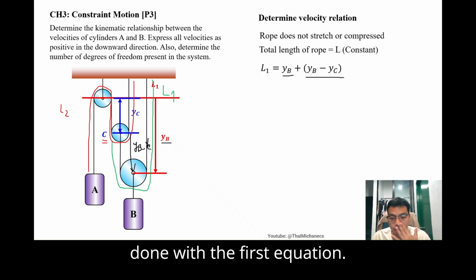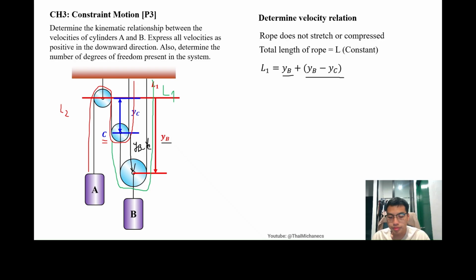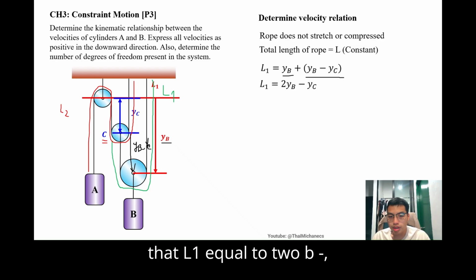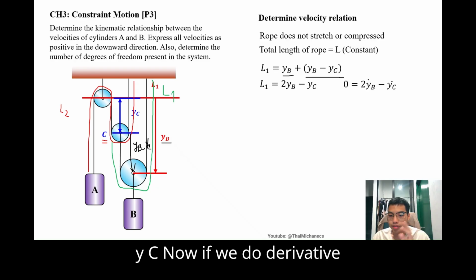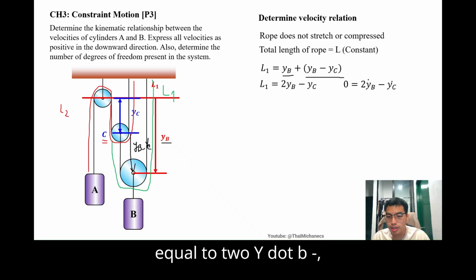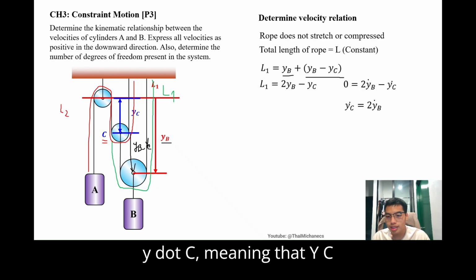Now that we're done with the first equation, to simplify it, we get that L1 equals 2YB minus YC. Now, if we take the derivative with respect to time, we get that 0 equals 2 Y dot B minus Y dot C, meaning that Y dot C equals 2 Y dot B.